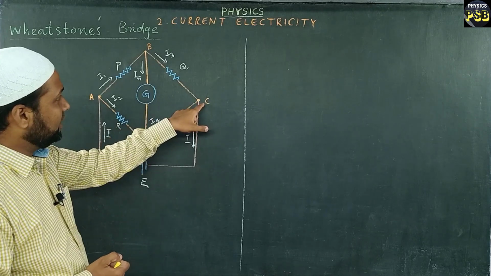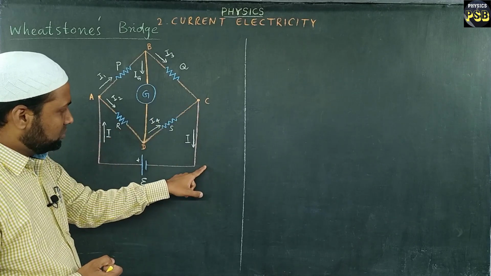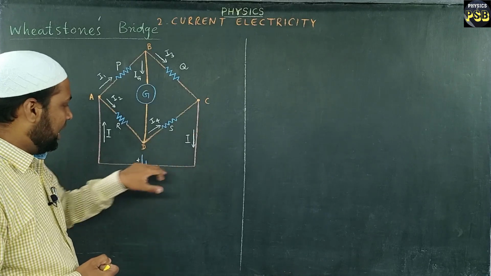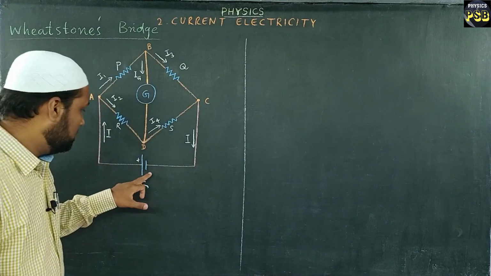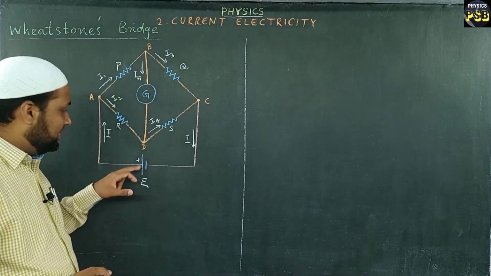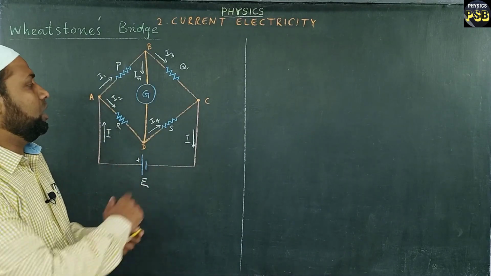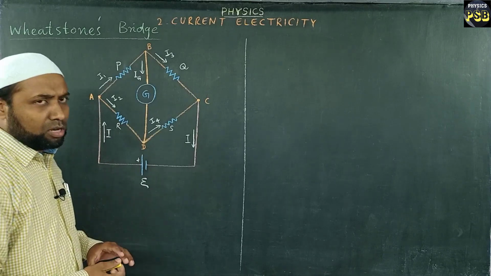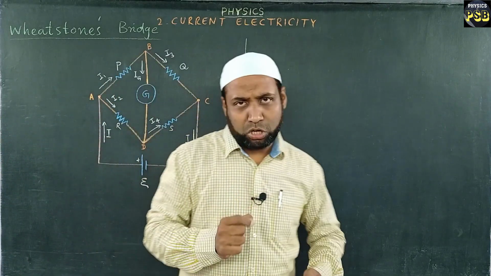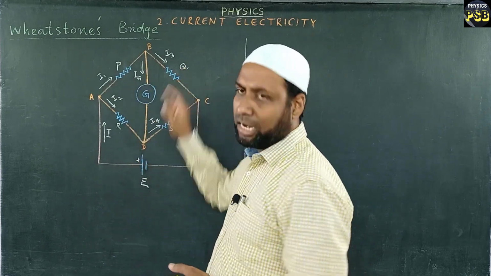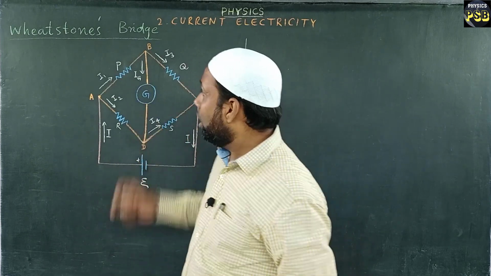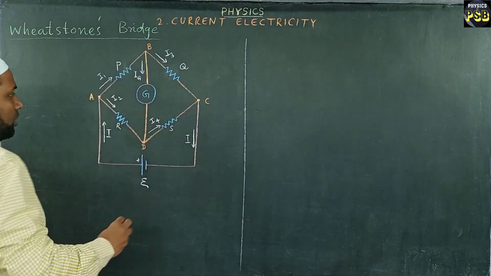After reaching C, it takes this path and reaches the negative terminal. This is how it starts from the positive terminal and ends at the negative terminal. That's all about the direction in which current can flow in this Wheatstone bridge.